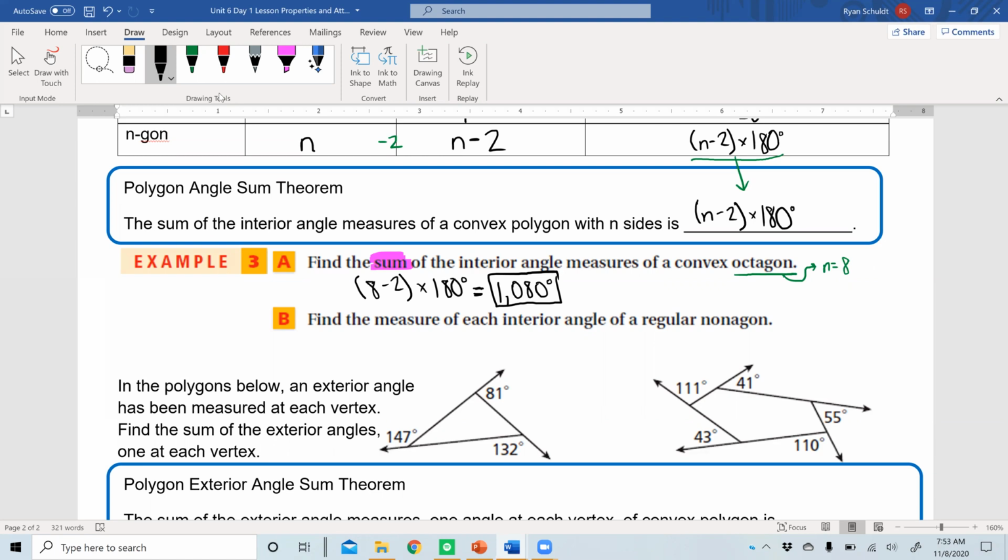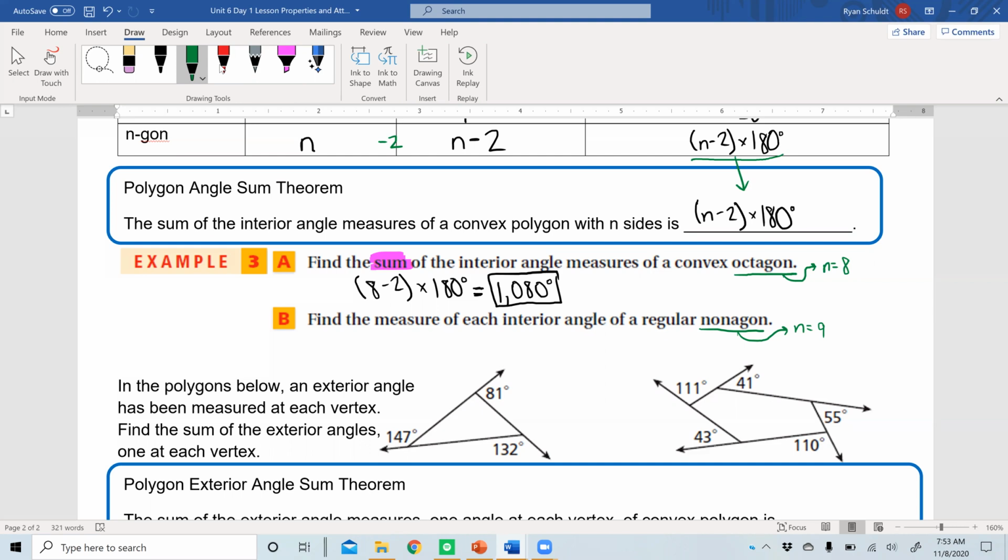B, find the measure of each interior angle of a regular nonagon. Well, let's see. Nonagon has how many sides? 9.